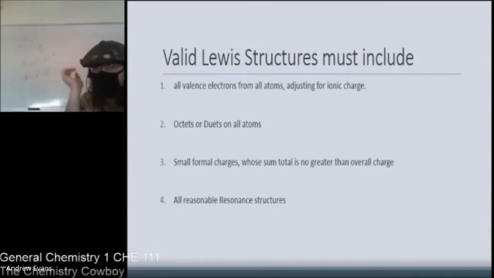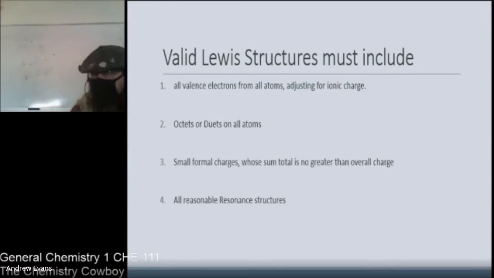The best Lewis structures should have all valence electrons from all atoms, adjusting for the ionic charge. The best Lewis structures should have octets and duets on all atoms whenever possible. I know I'm saying valid here, but it really should be the best.